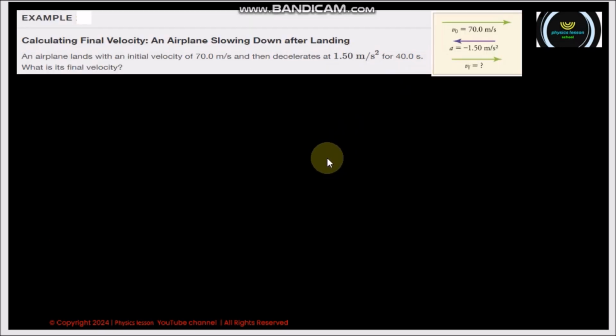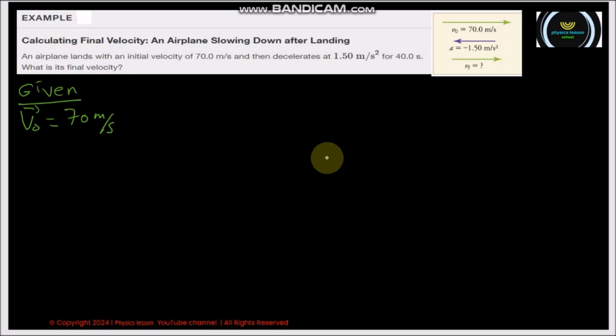Okay. Let us look at this example. Calculate the final velocity of an airplane slowing down after landing. The airplane lands with initial velocity. Let us take out the given. The initial velocity v initial is equal to 70 meters per second, and it decelerates.